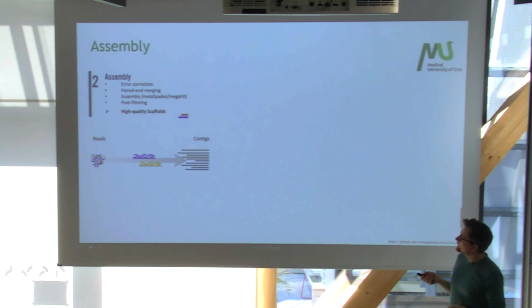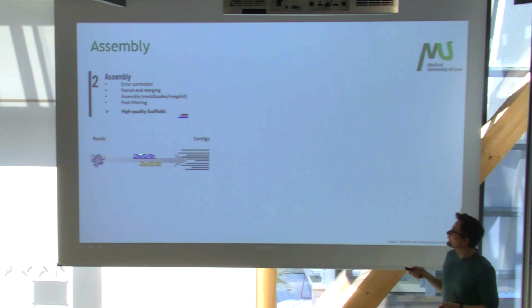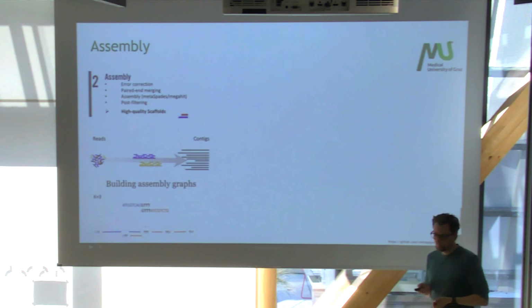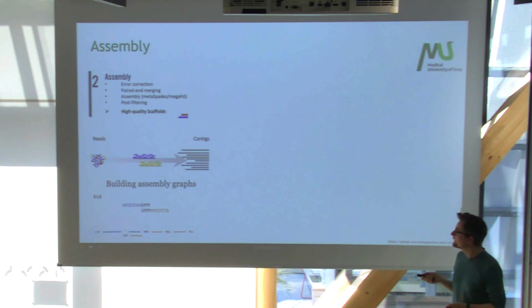This is some illustration of this assembly process. So we have this chaos of different reads. We have to reassemble those longer contexts, and this is done through so-called De Bruijn graphs.